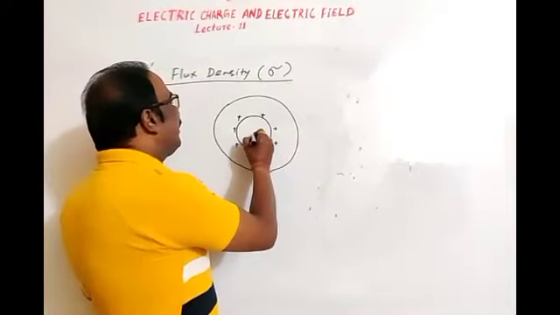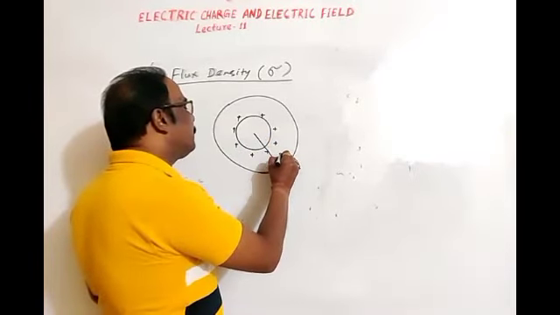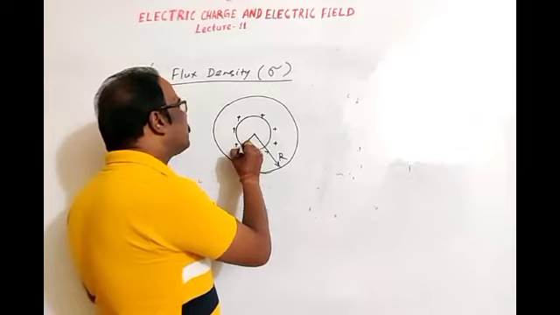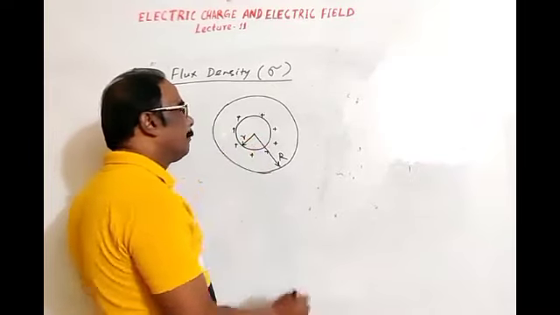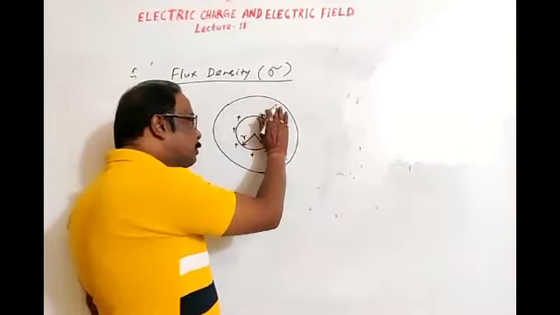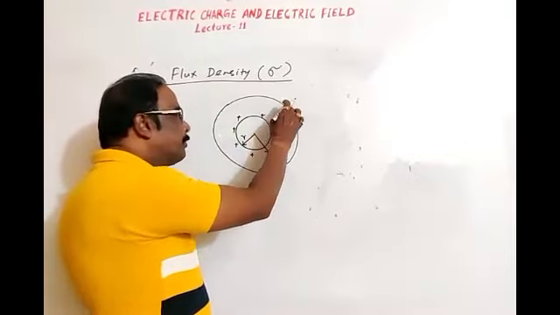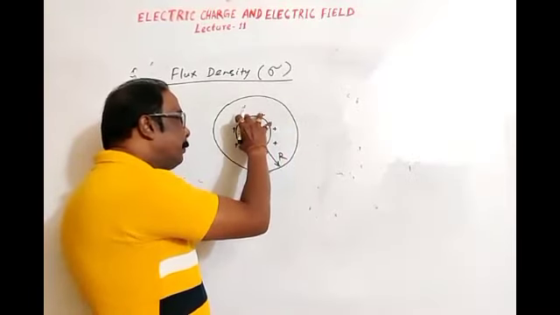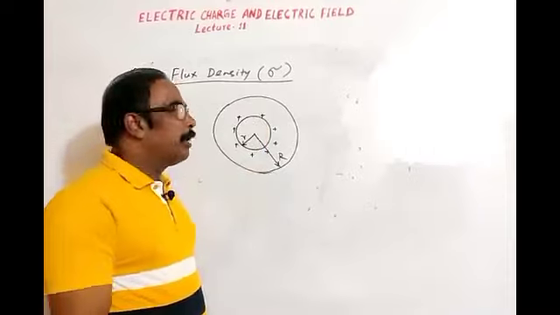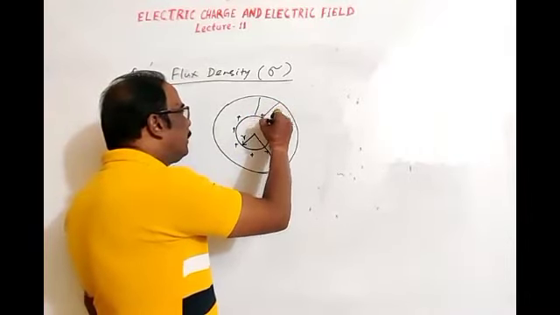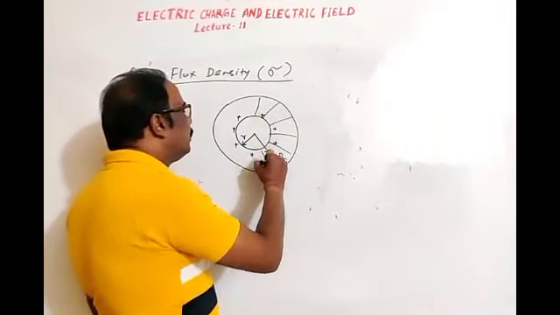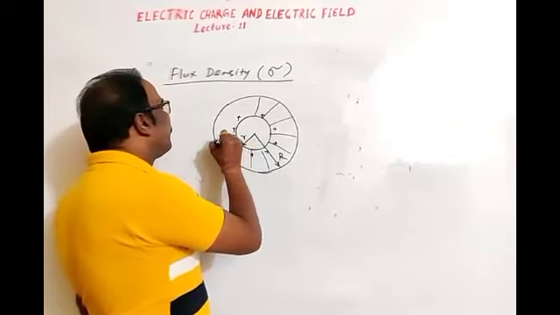Let the radius of the larger sphere be capital R and the radius of the smaller sphere be small r. The space between the two spheres is a hollow region, in which this sphere is placed, and this space is completely filled with an insulating medium.